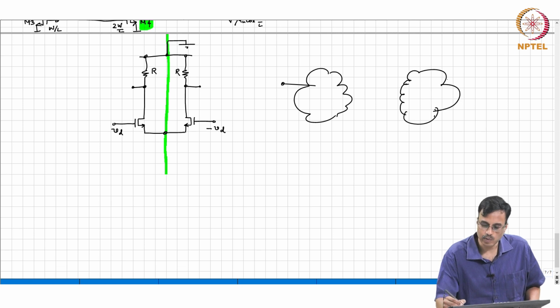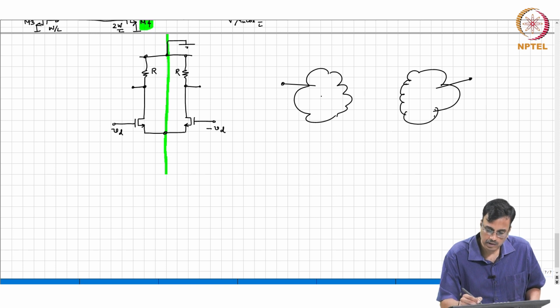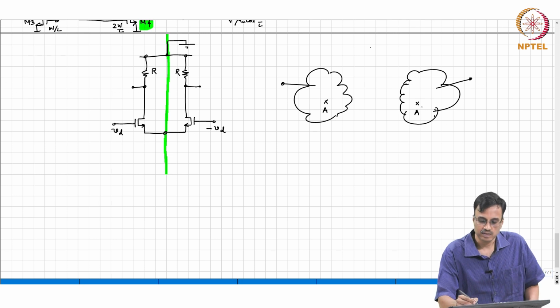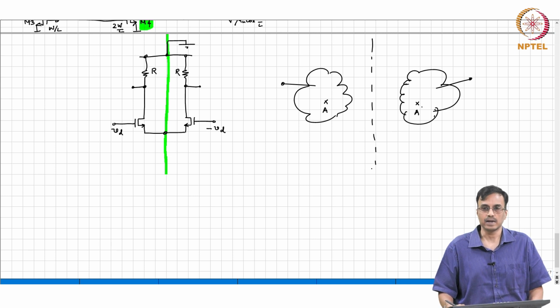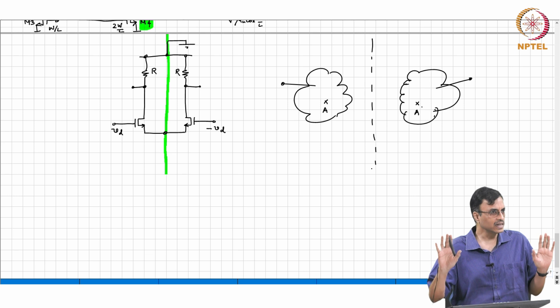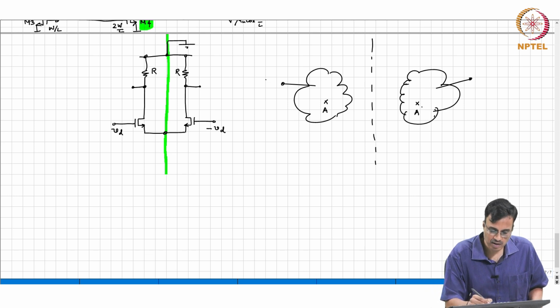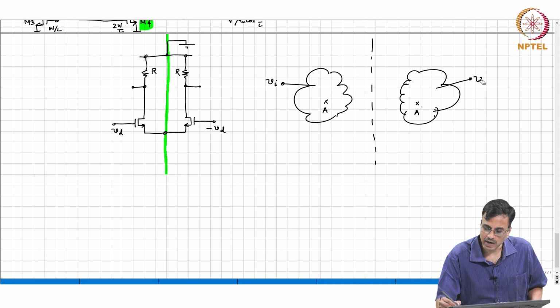So, this is exactly equivalent. Let us say we have a node A here and a corresponding node here. This is an axis of symmetry, the circuits are not connected at this point, two identical circuits, okay. Let us say we excite one with Vi, the other one with minus Vi.